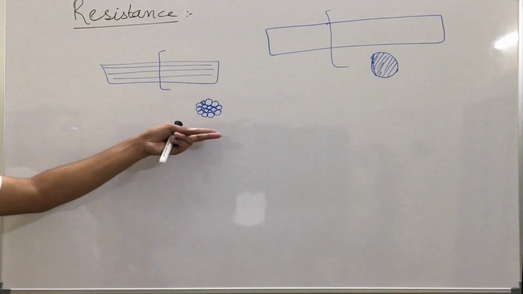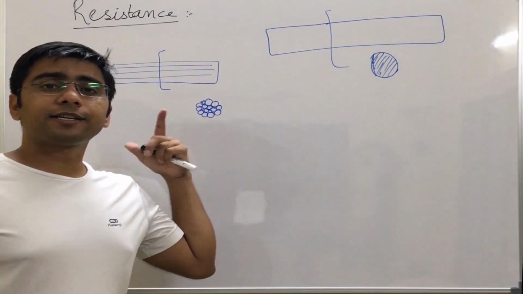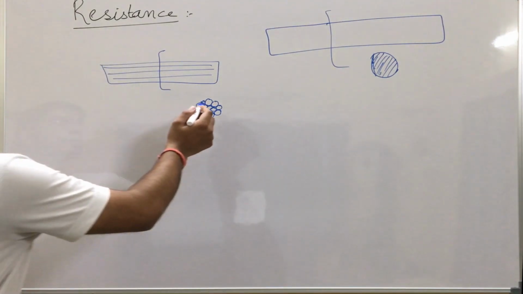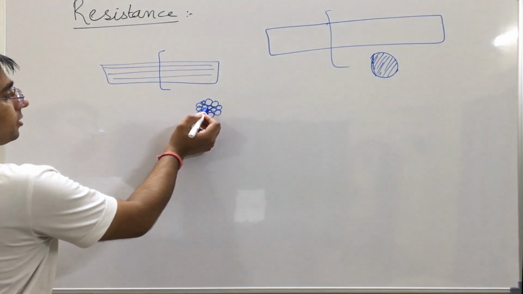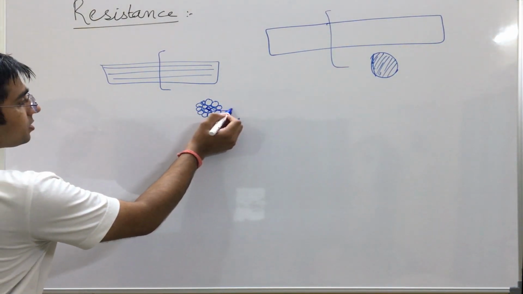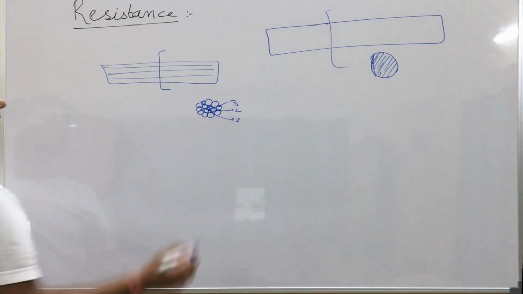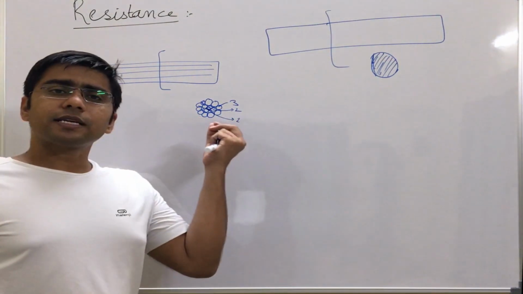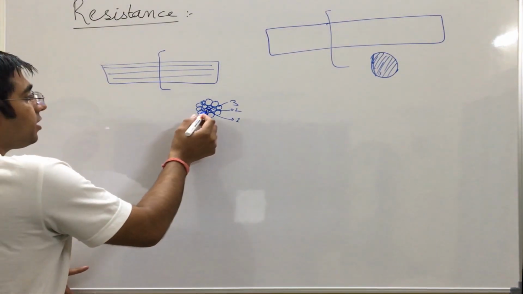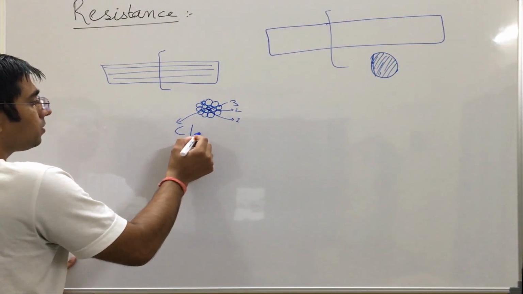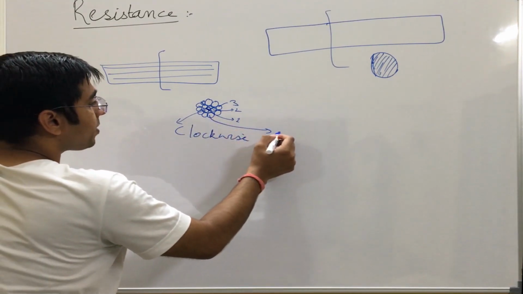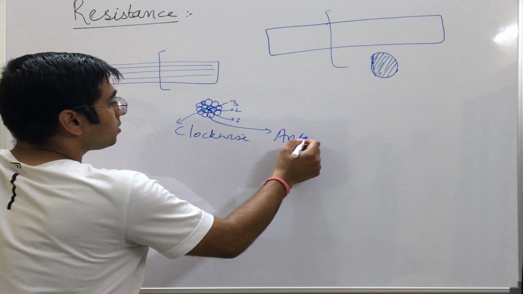Stranding provides us flexibility. And one more thing: let us say the central part is the first layer, now this is the second layer and this is the third layer. These layers are spiraled in opposite directions. Let us say if one is spiraled clockwise, then the next will be spiraled anti-clockwise.